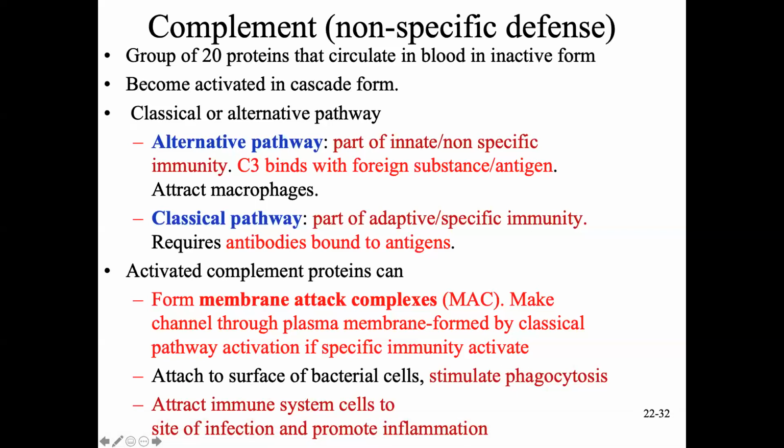So it attracts the cells to the site of infection, and also promotes inflammation, and by promoting inflammation, you're producing more edema. So not only do we have white blood cells attracted to the site of injury, we also have more fluid at the site of injury. So then you'll have more flow of lymph into the lymphatic system.